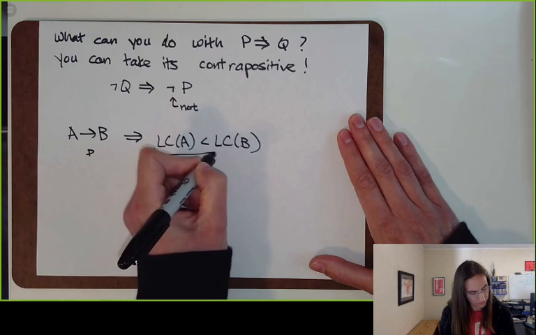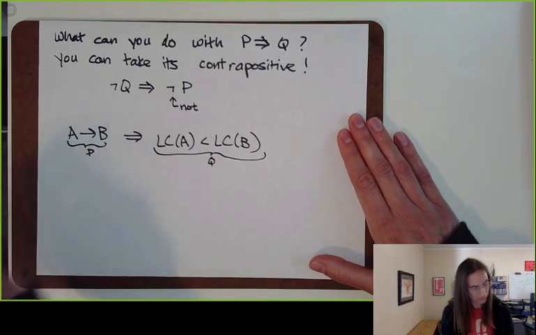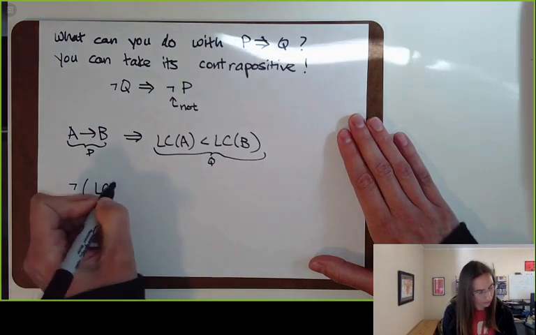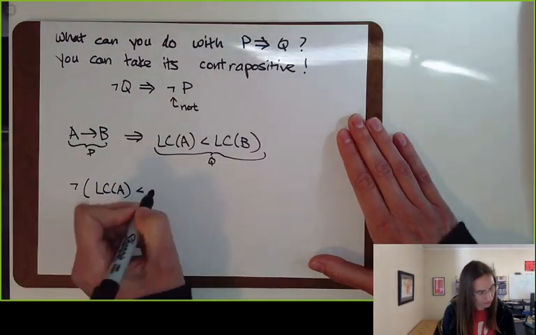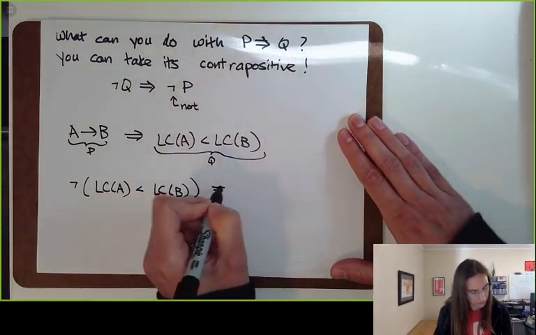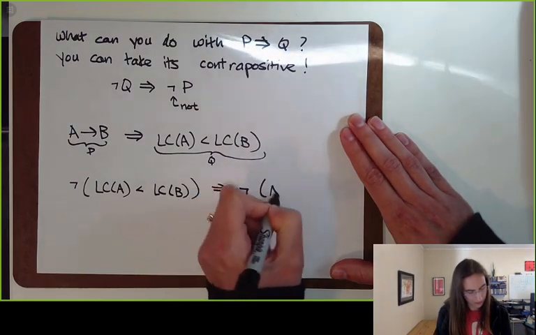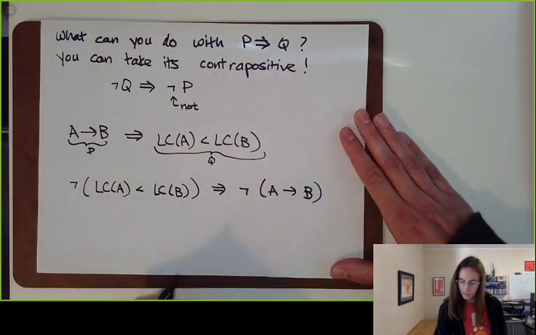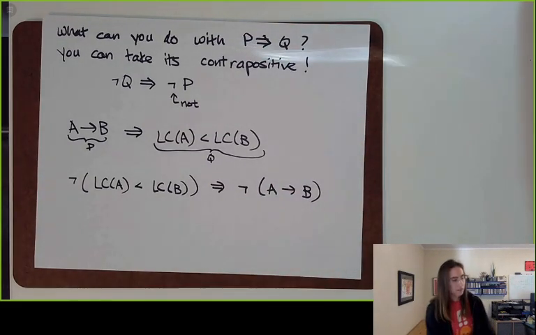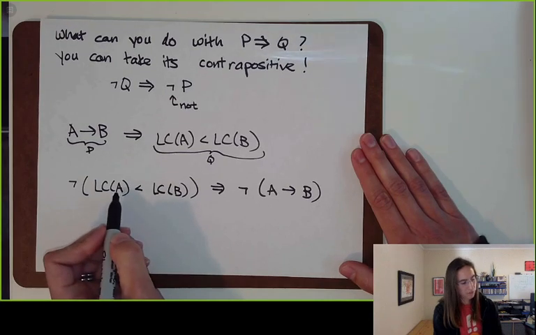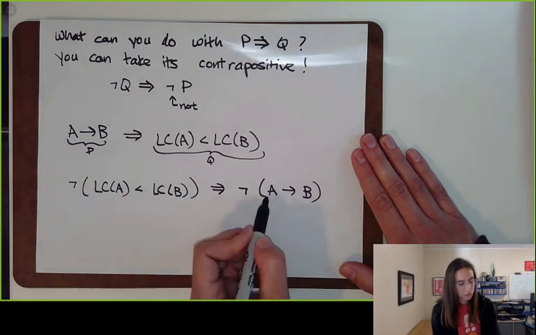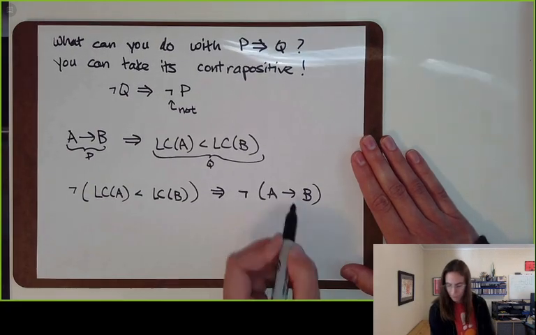So here's our Q, here's our P. Then if it's not the case that the Lamport clock of A is less than the Lamport clock of B, then it's not the case that A happens before B. And this is still pretty useful information. If the Lamport clock of A is not less than the Lamport clock of B, then we can rule out the possibility that A happens before B.